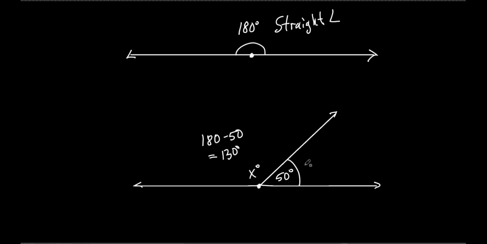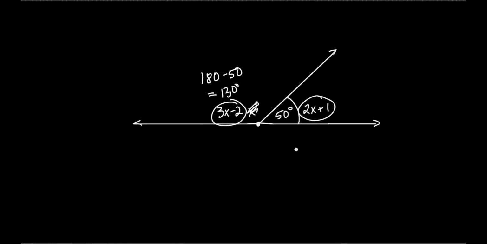You know what they're eventually going to do? They're going to say this is 2x plus 1, and they'll say this is like 3x minus 2 or something like that. I don't know exactly what works out, but what would you do with this and this? When you say put them together, mathematically, what are you doing?